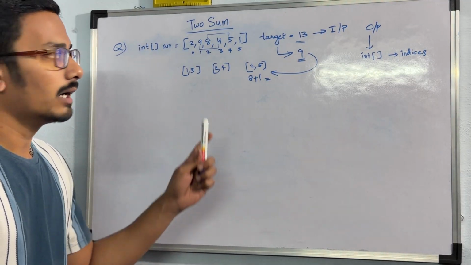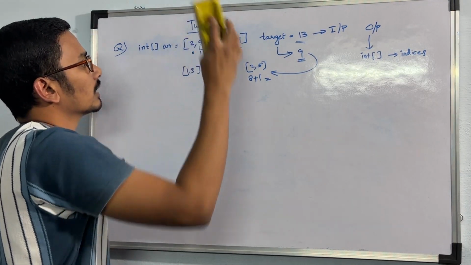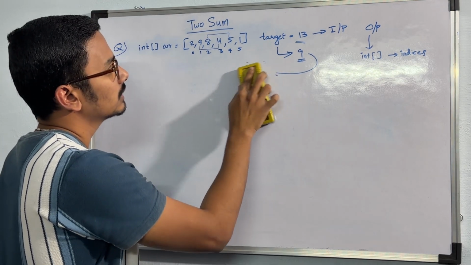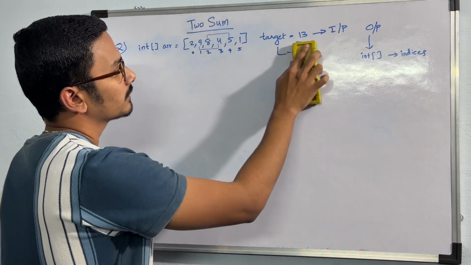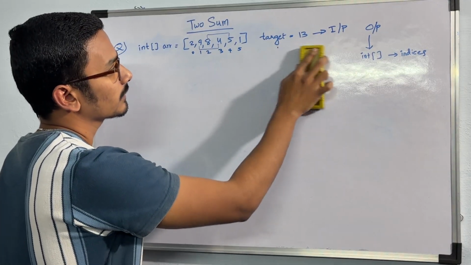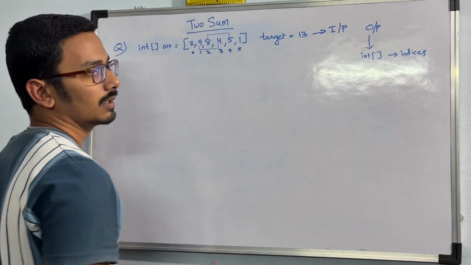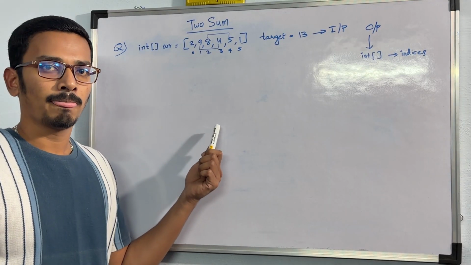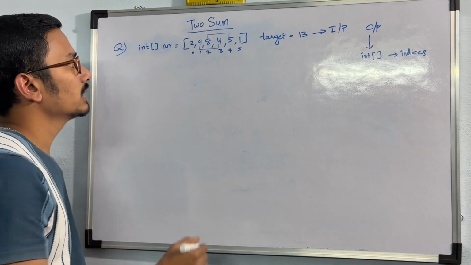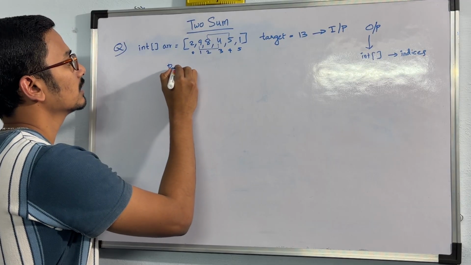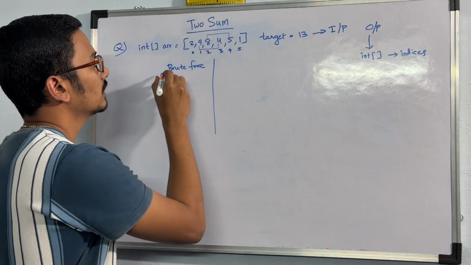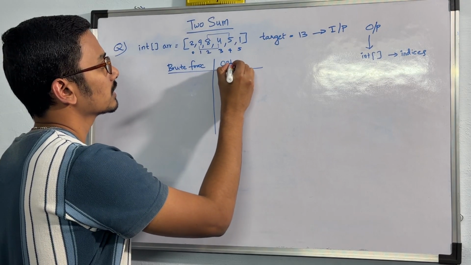So yeah, I'll clean this out. So basically there are two approaches. We know this: usually whenever we are writing code, there are two approaches. One is brute force, another one is the optimized approach.